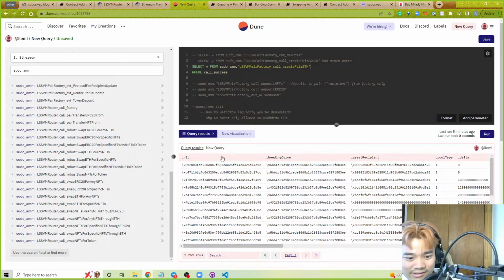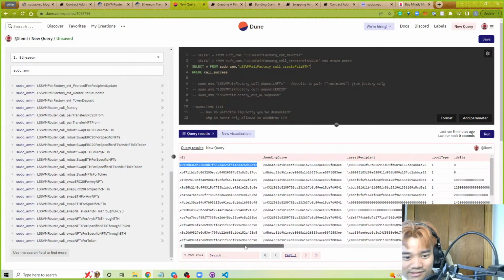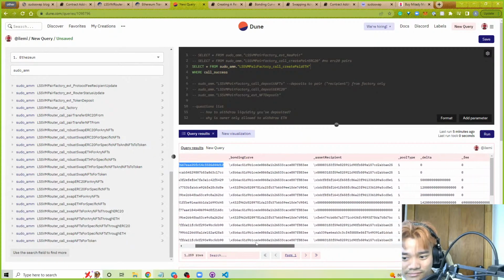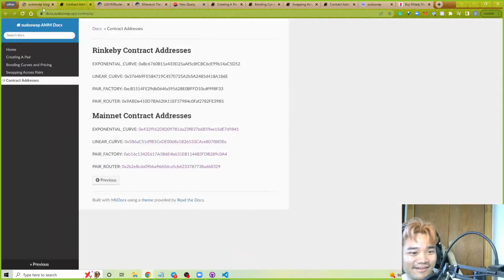So we have the pairs. So we have the NFT address, I'm assuming, right? Yeah, that has to be the NFT address. Delta 0. Why would someone put delta 0? Okay, hold on. Exponential curve is 0x432. All right. Linear curve is 5.8.